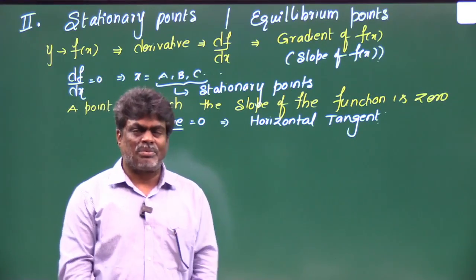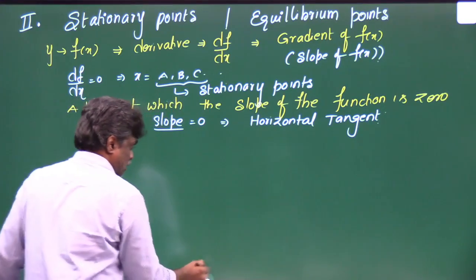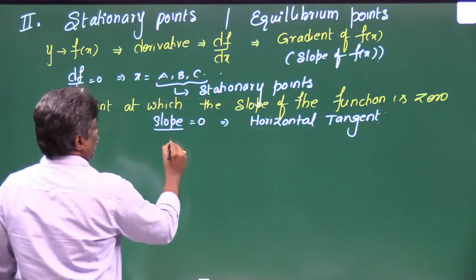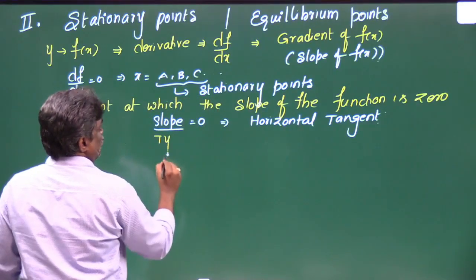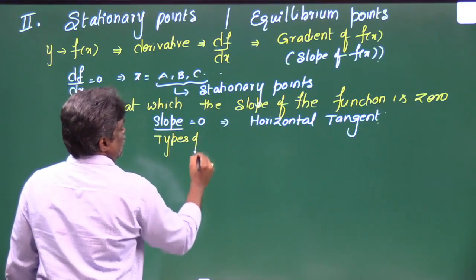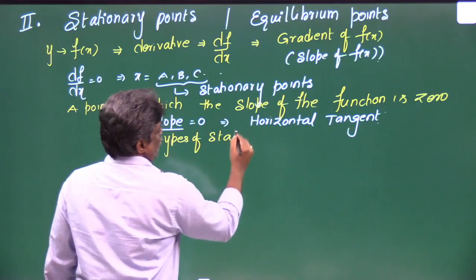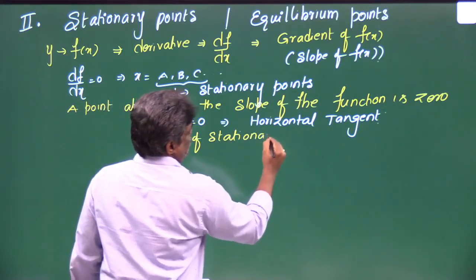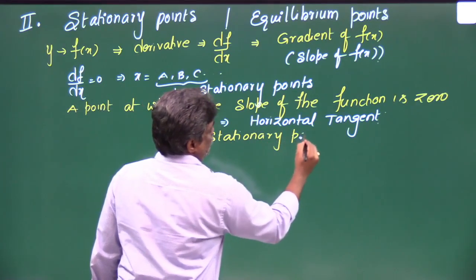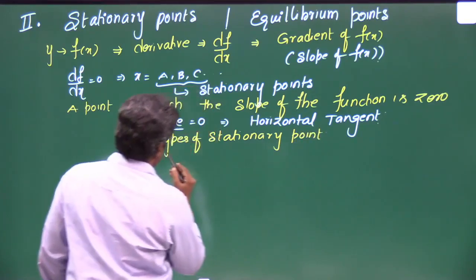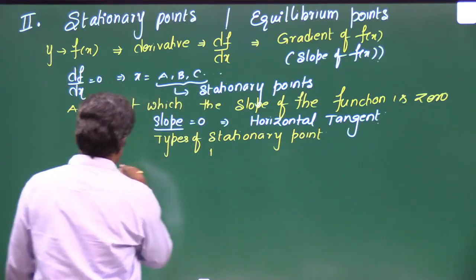And how many types of stationary points are there? Here we have types of stationary points. We have 3 types of stationary points.